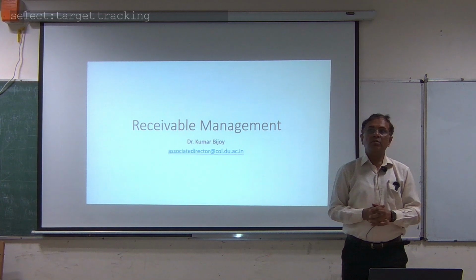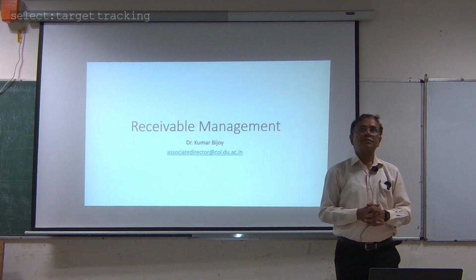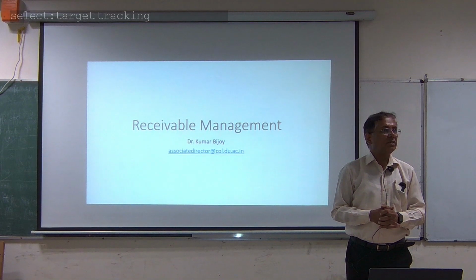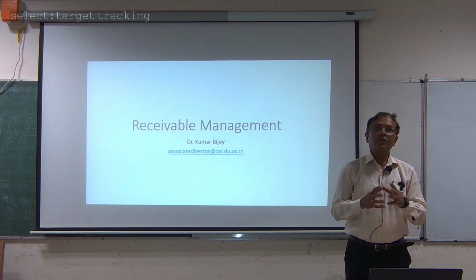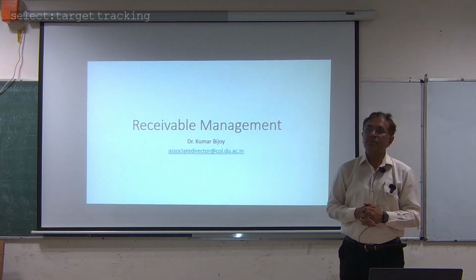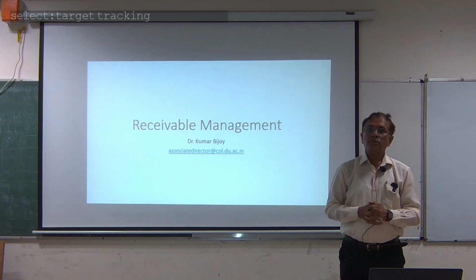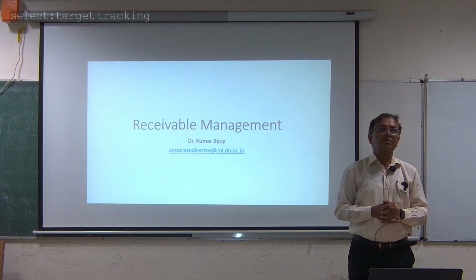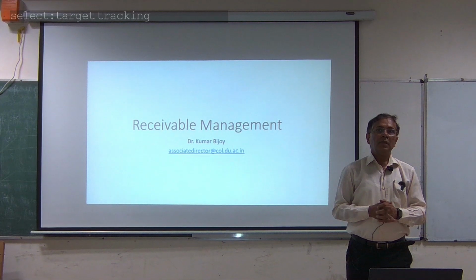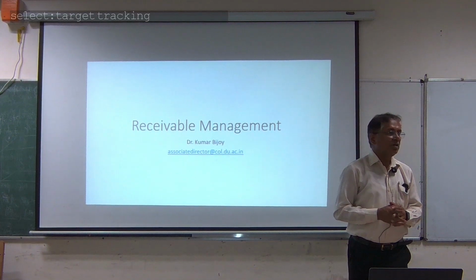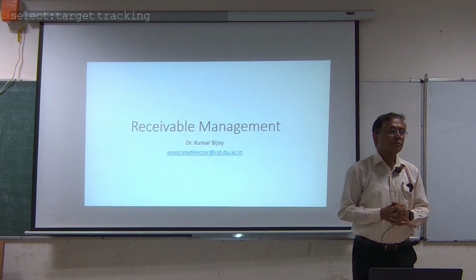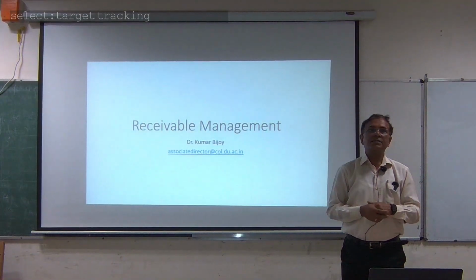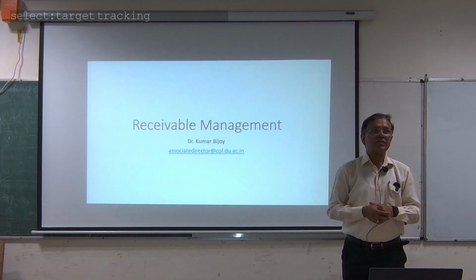When we were talking about working capital management, which was current asset and current liability management, one of the components of current asset was receivables. In India, traditionally it was called bills receivable. Globally, it is called accounts receivable. Even on a local basis, it is called sundry debtors.